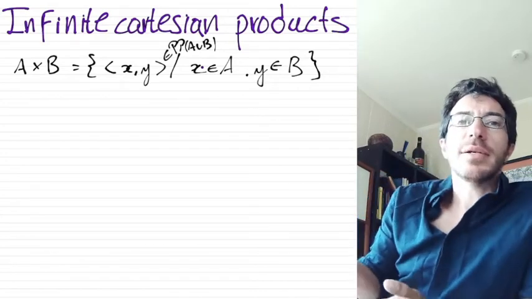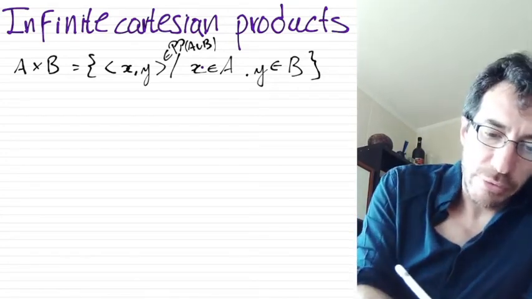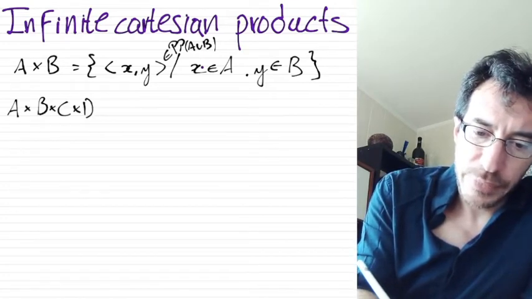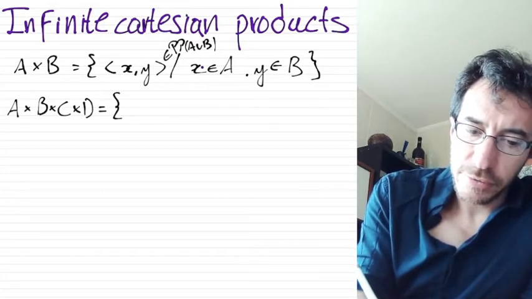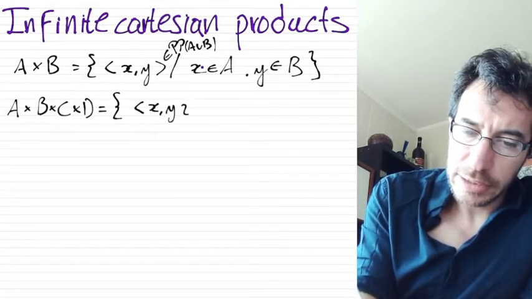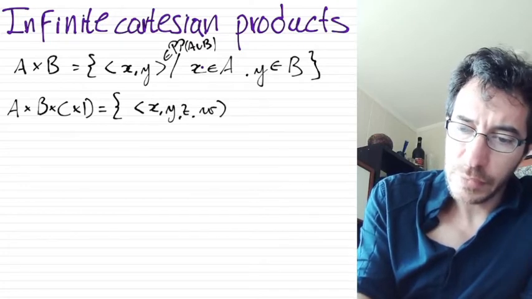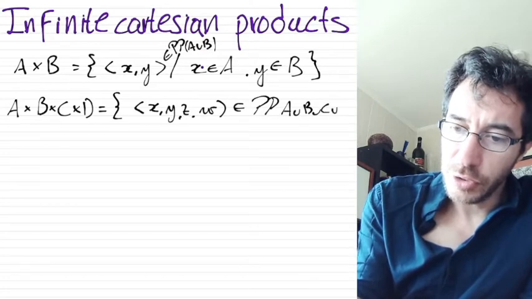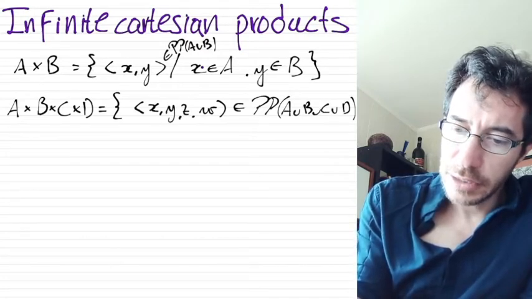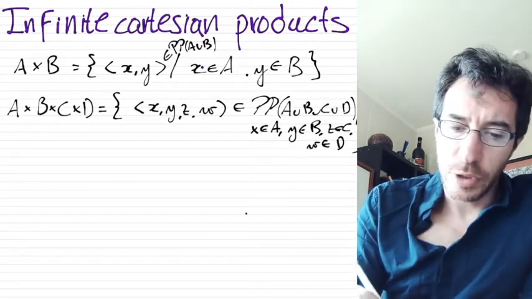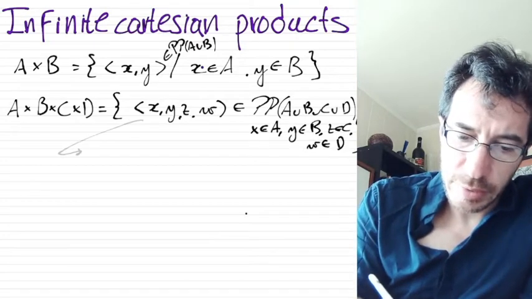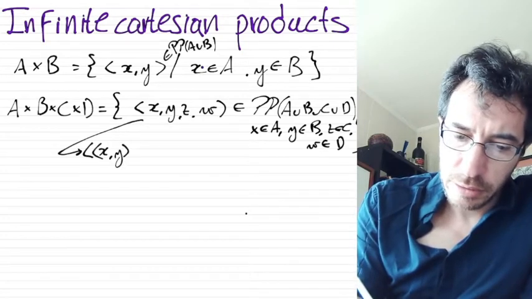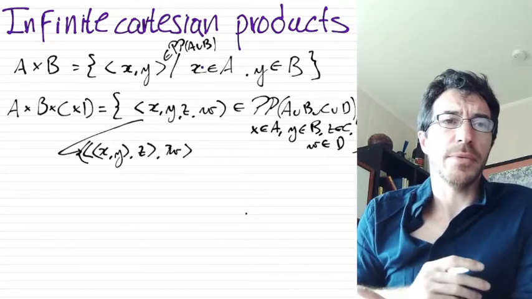If you want to define the Cartesian product of four sets, you can probably figure out how to do it. A times B times C times D is the set of quadruples (x, y, z, w) that belong to the power set of A union B union C union D, such that x belongs to A, and so on, where this quadruple was defined to be ((x, y), z), w.